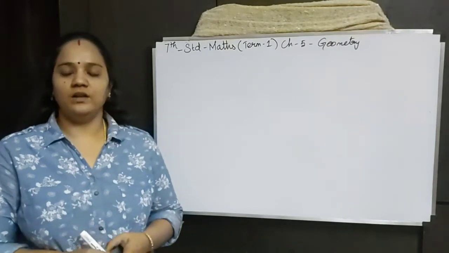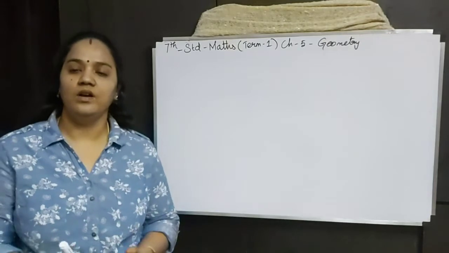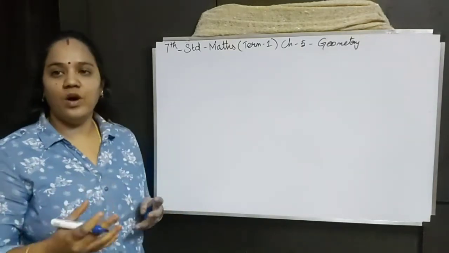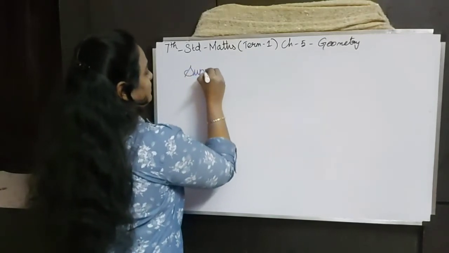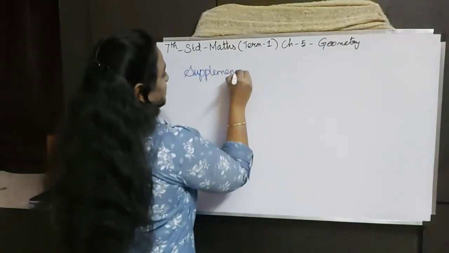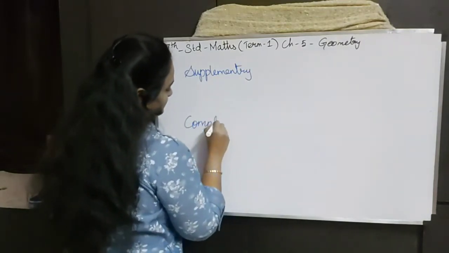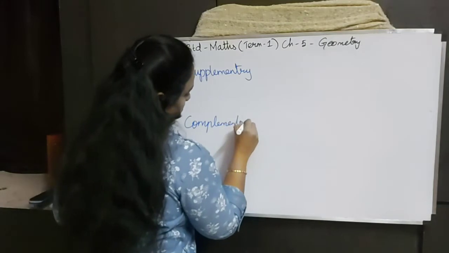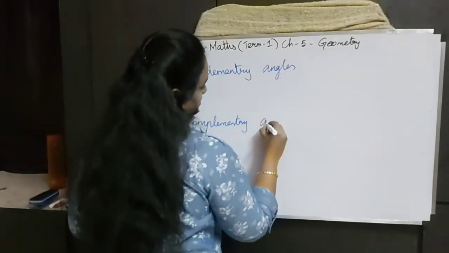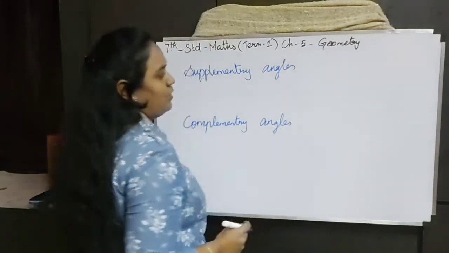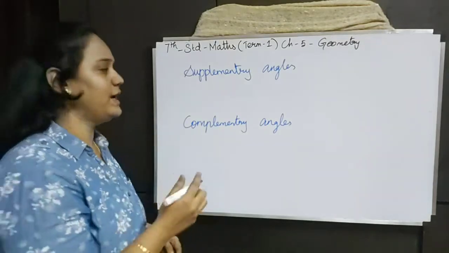Apart from acute angle, obtuse angle, right angle, straight angle and reflex angle, we have a few new angles: supplementary angles and complementary angles. Supplementary angles means if the sum of two angles is 180 degree.